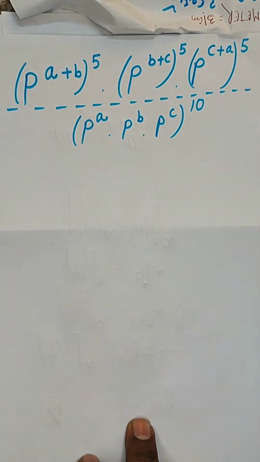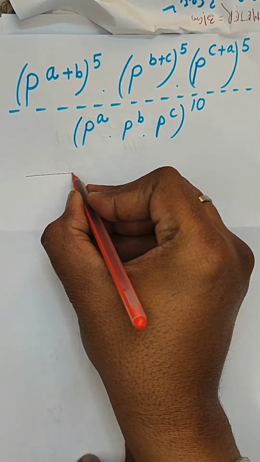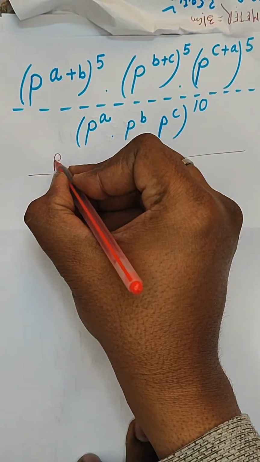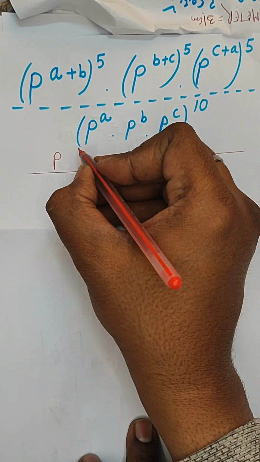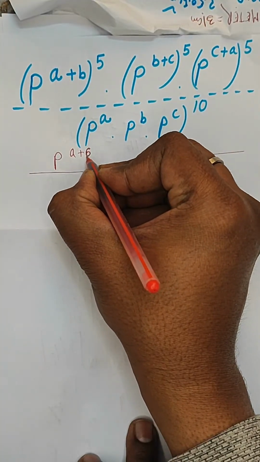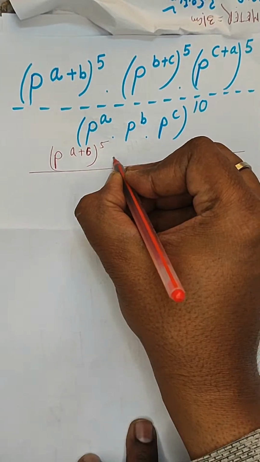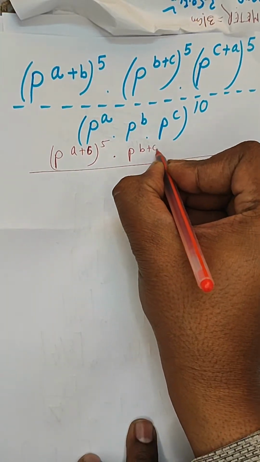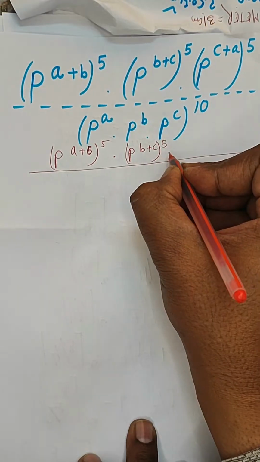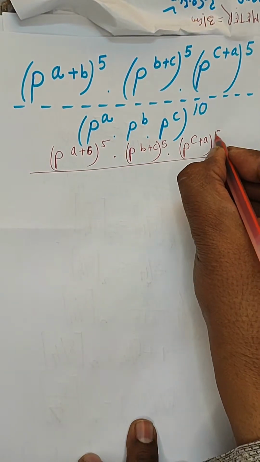So here what we are going to do is keep the numerator as it is, and in the denominator we can write it as, first of all, (p^(a+b))^5 into (p^(b+c))^5, (p^(c+a))^5.